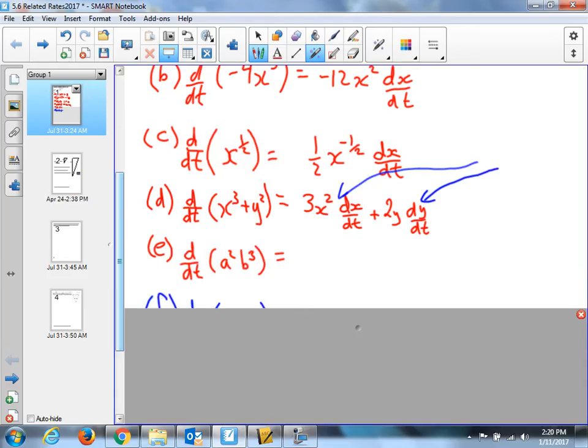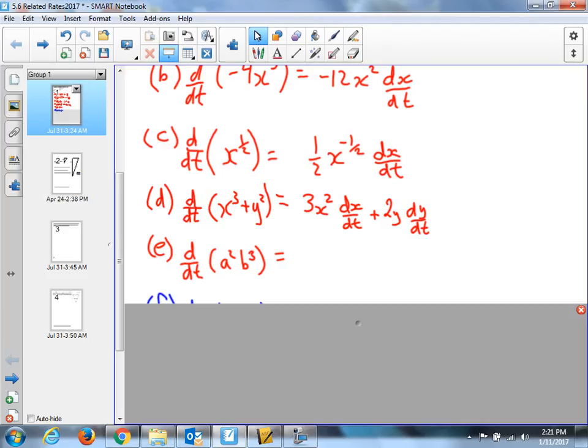They aren't on purpose. Okay, this one here I wanted to do with you just to make sure we have a product of two variables, right? A squared b cubed. So we're going to apply the product rule. Derivative of the first thing, leave the second thing alone. So 2a, I'm going to write the dA by dt behind it though, b cubed, dA by dt, it's just my habit.